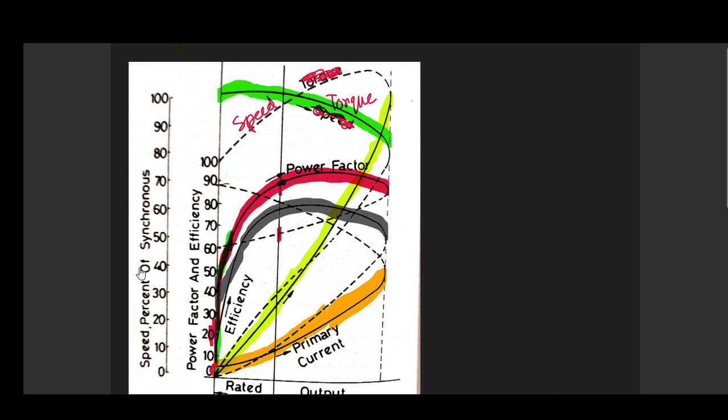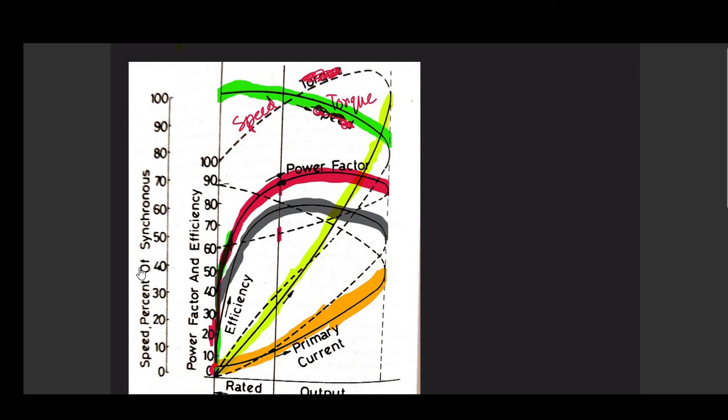They abide by the laws of nature, and nature always wants you to extract maximum benefit from your system. So that is why you can see that poor efficiency falls in the unstable operating region. And it happens every time.